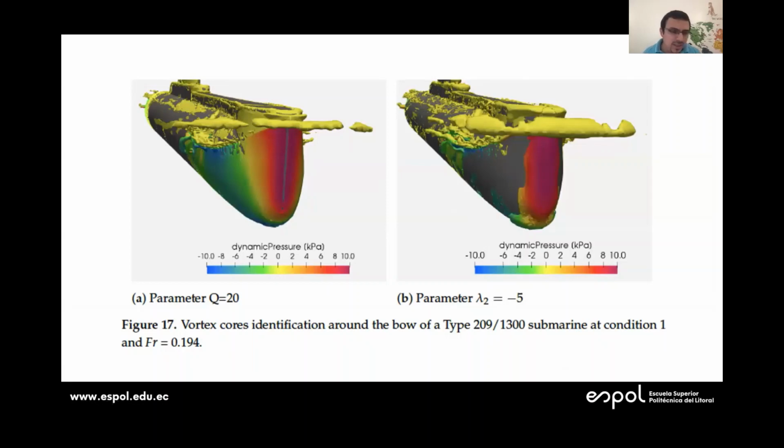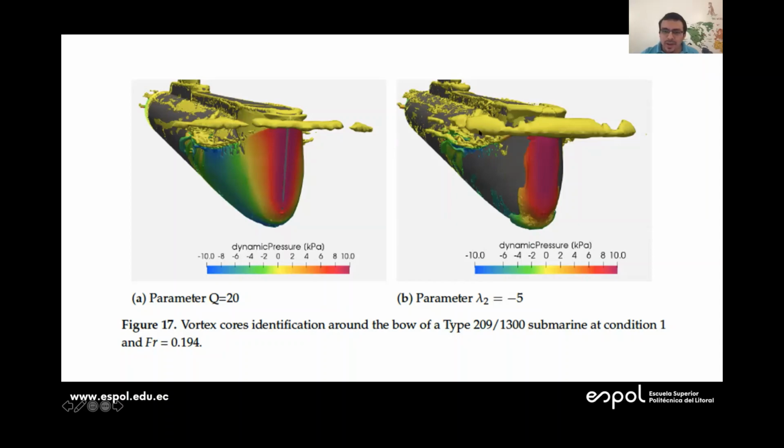We used the standard procedures to identify the vortex cores, the parameters Q and lambda, and we detected that there are some big structures close to the wave that generates at the bow, upstream of the bow of the submarine.